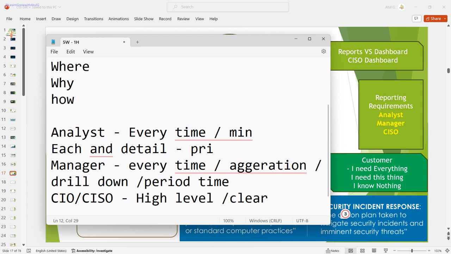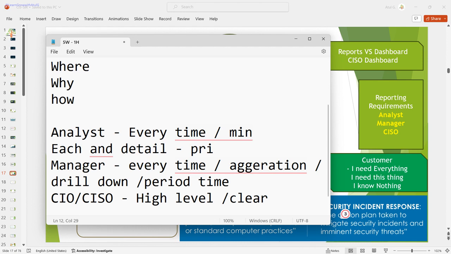So ServiceNow provides a lot of default reports, and also provides a CISO dashboard. I remember I attended the London World Forum last year, I guess on the 1st or 2nd of November, and I saw this particular dashboard, how a dashboard will be available for the CIO and CISO.